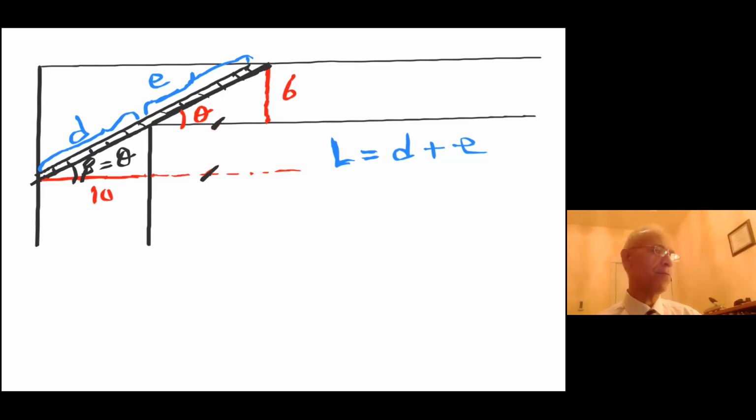What kind of relationship can we use? We can use sine for this triangle, because I know the side opposite, and I can use cosine for this one.